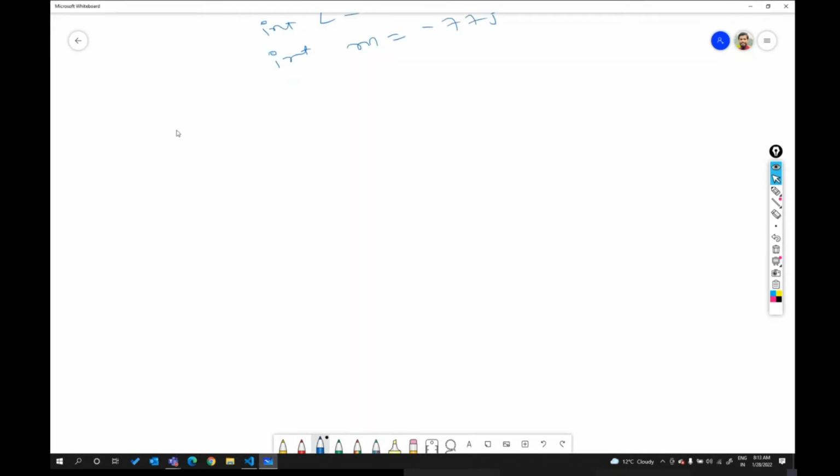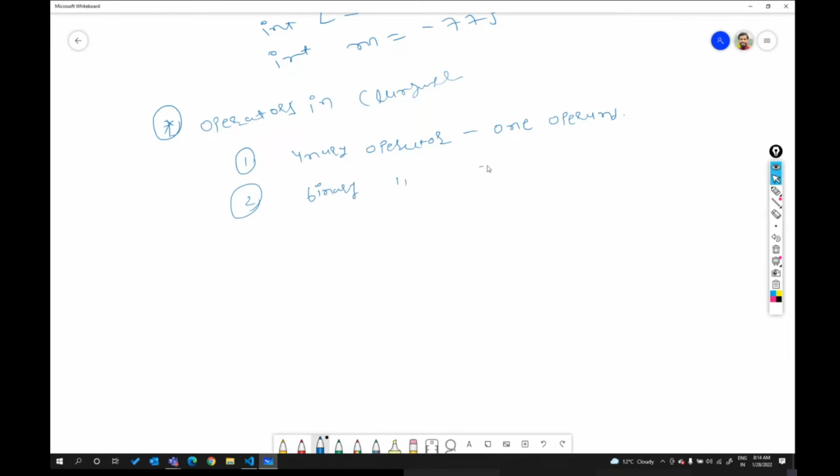So today we will start operators in C language. There are three types of operators. The main one is the unary operator, that means it needs one operand to perform a task. The second one is the binary operator, so it needs two operands to perform a task.